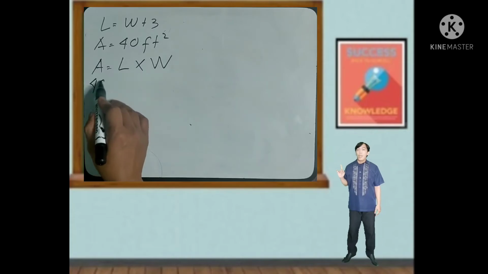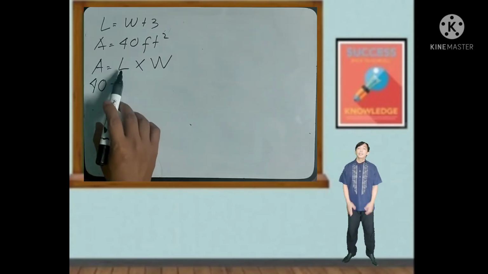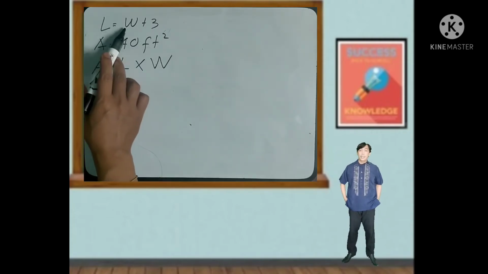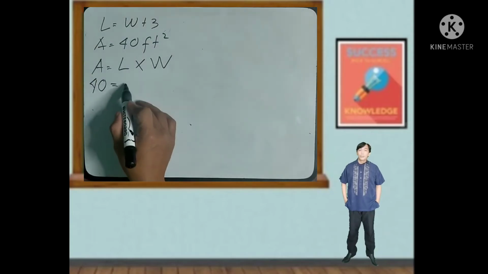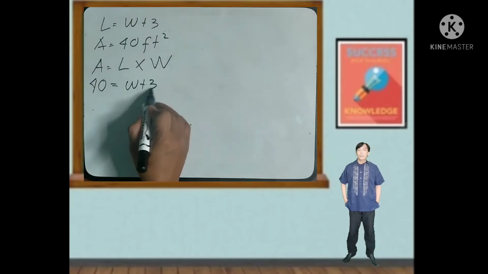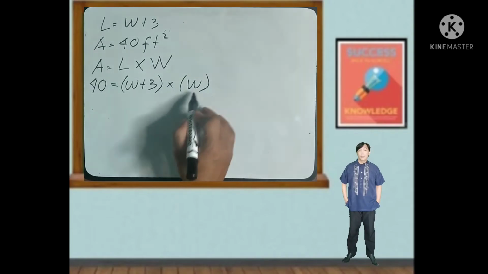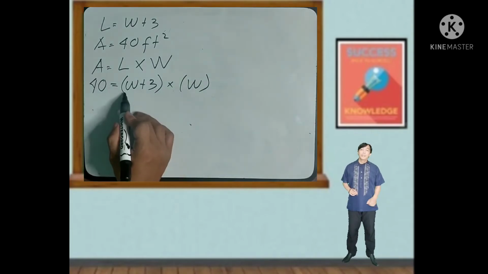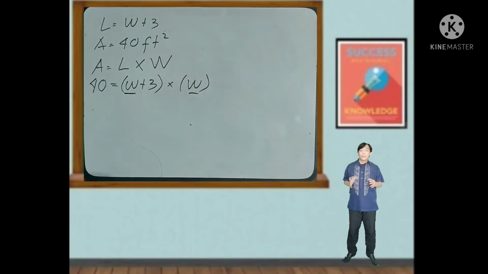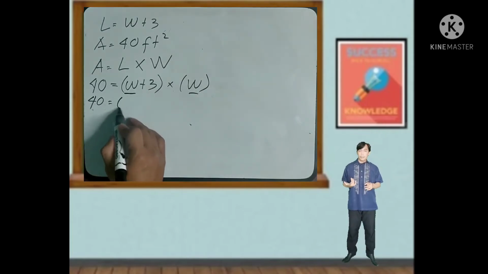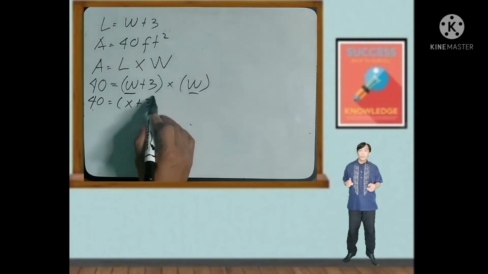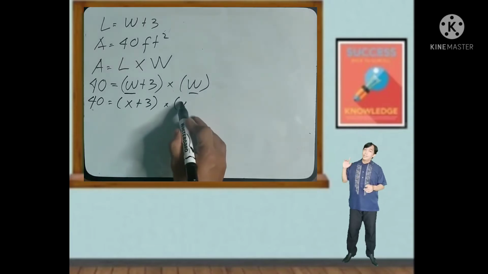So we have 40 is equal to the length, which is W plus 3, times W. Okay, so now here we can replace W with X only. So we have 40 is equal to the quantity X plus 3 times the quantity X.